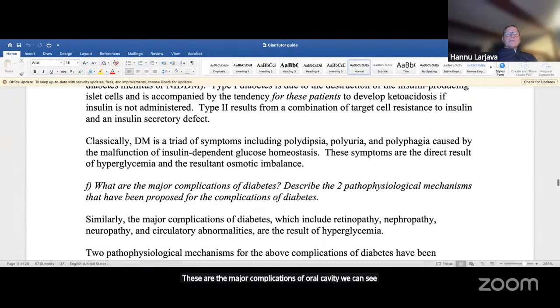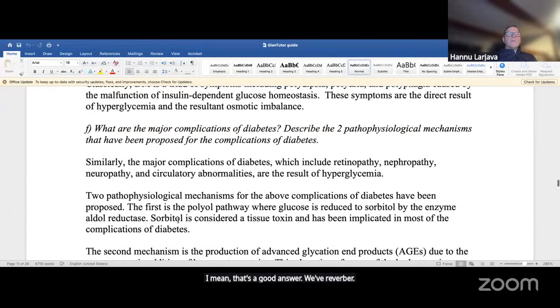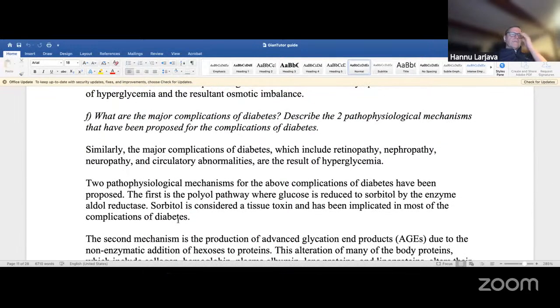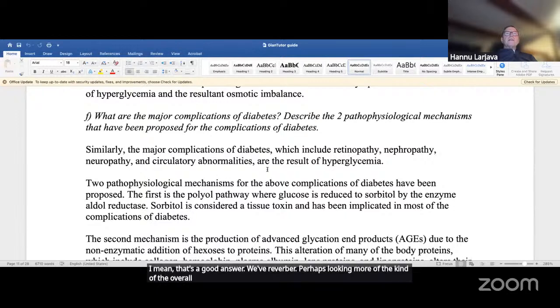I mean, that's a good answer. We were perhaps looking more at the overall complications, not necessarily only periodontal disease, like the eye problems, kidney problems, neuropathy, and circulation problems that are a result of the hyperglycemia.